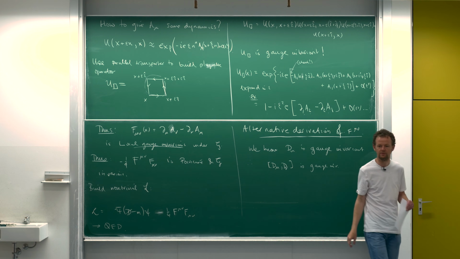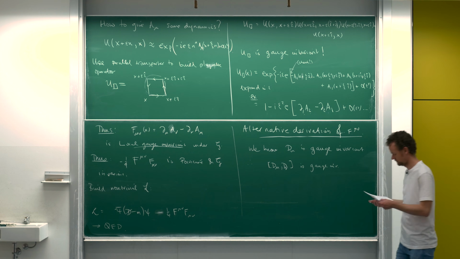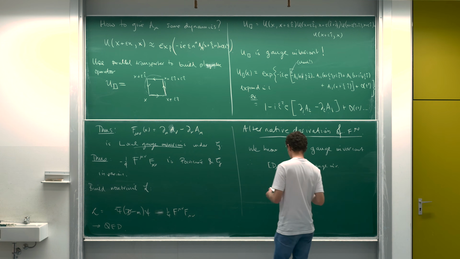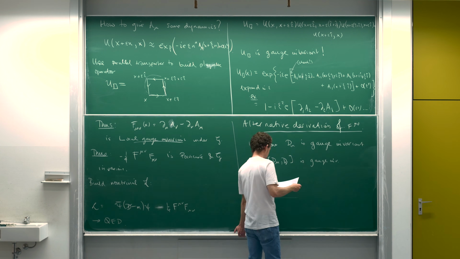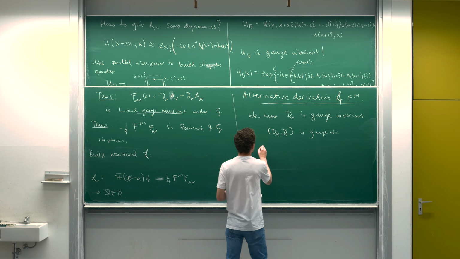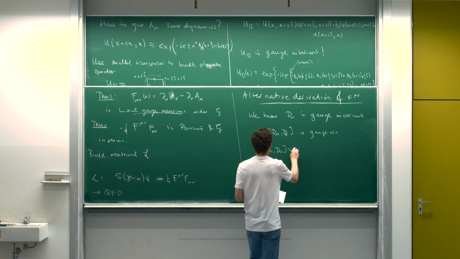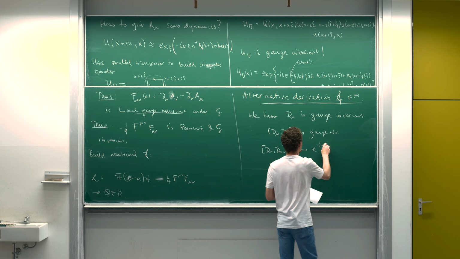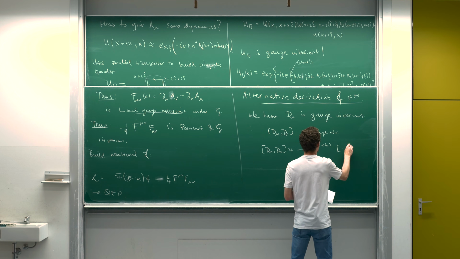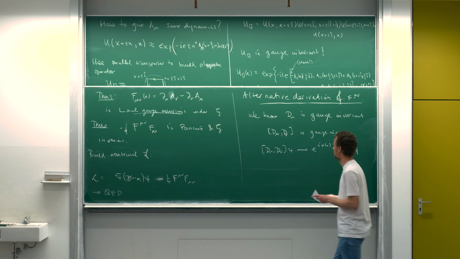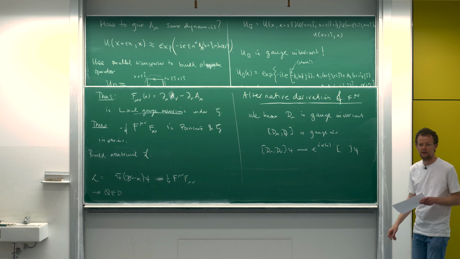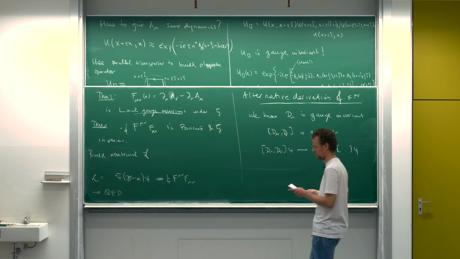Therefore, the commutator of these two derivatives is gauge invariant. That's how it transforms, right? But the commutator is not a derivative.